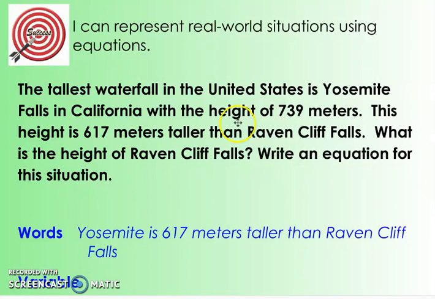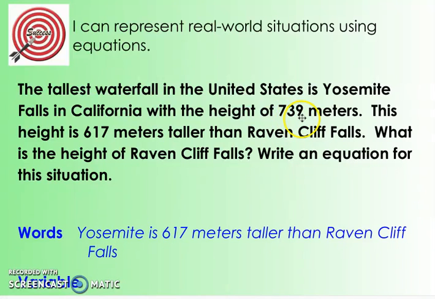Well, first of all, down here, I actually pulled out some important words. It says Yosemite is 617 meters taller than Raven Cliff Falls.